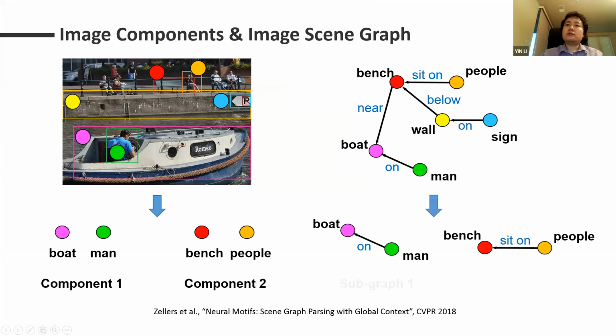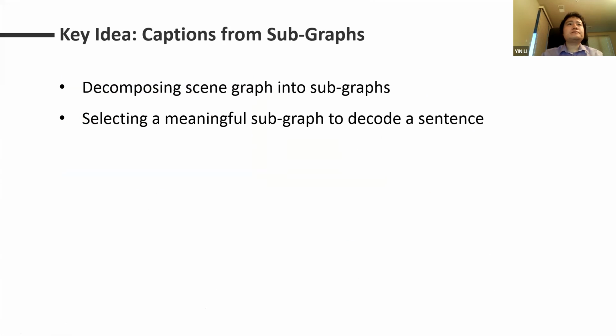The way we do this is we decompose the scene graph into a set of subgraphs, with each subgraph representing a component within the image. So for example, we have men on the boat, we have people sitting on the bench, in this case.